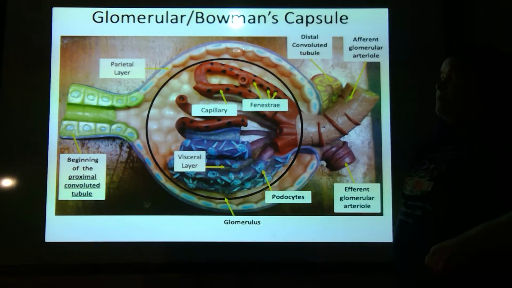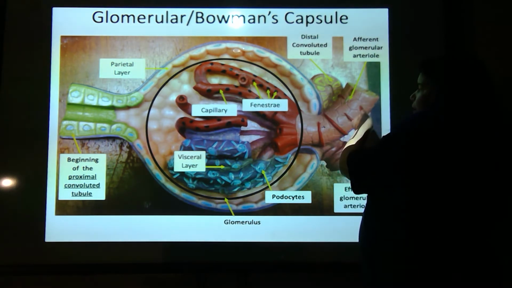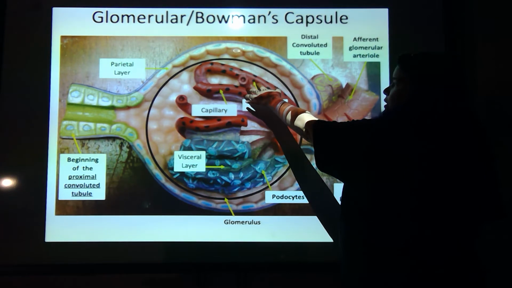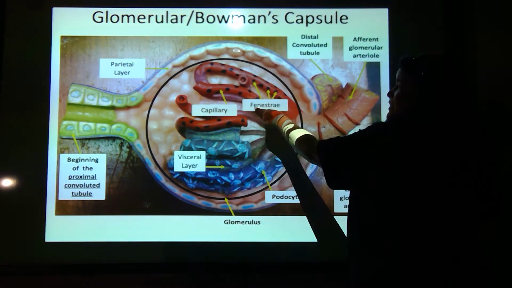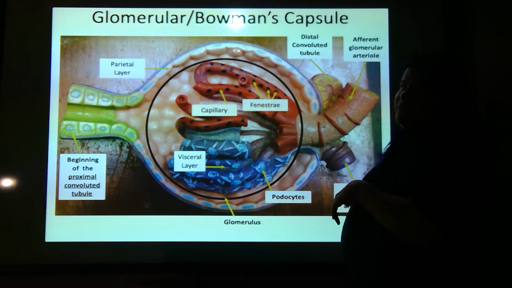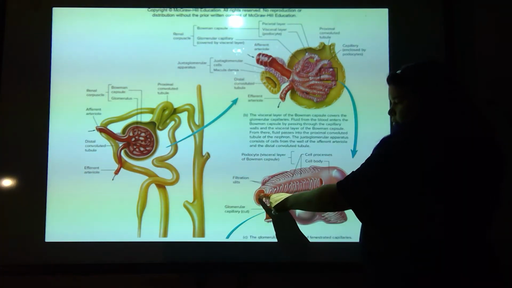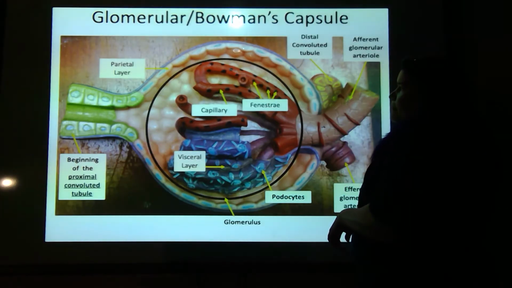So looking at the model, you can see the afferent arteriole coming in. Here's my glomerulus, and you can actually see these little holes here called fenestrae. Fenestrae is a very fancy way of saying window. See the little holes here? Those are the fenestrae. They're those little windows.